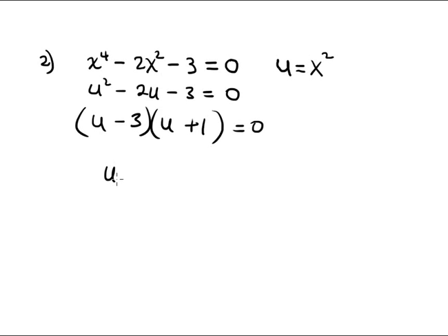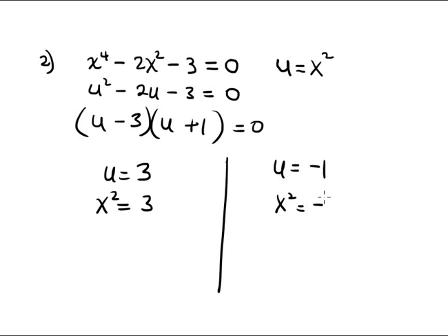Now the solution is u equal 3 is one solution, and u equal negative 1 is another solution. For u is x squared equal 3, x squared equal negative 1. This is a quadratic equation, but we're solving by square root principle.